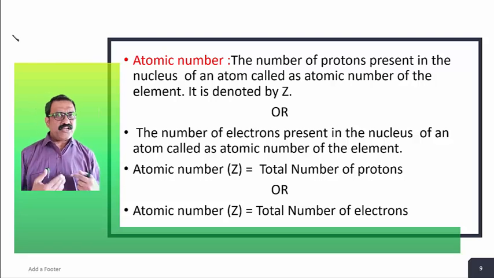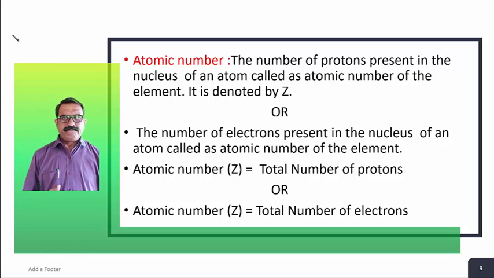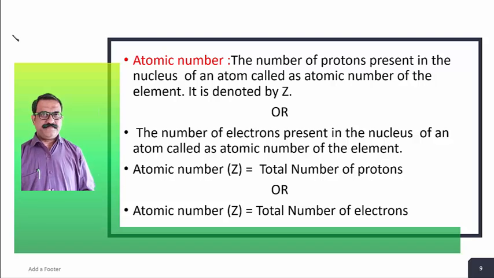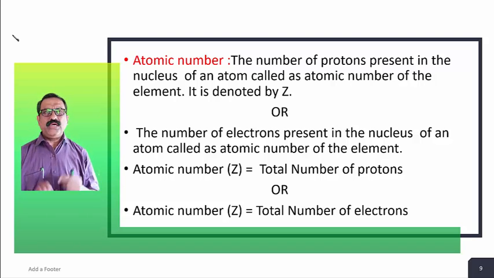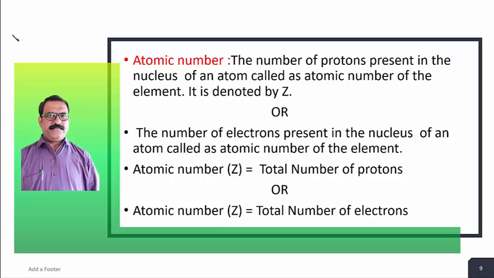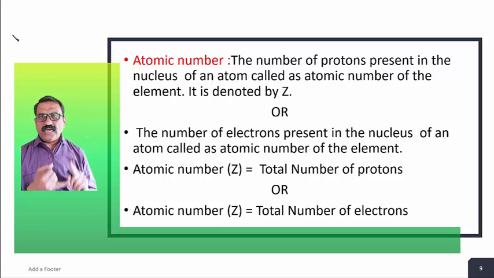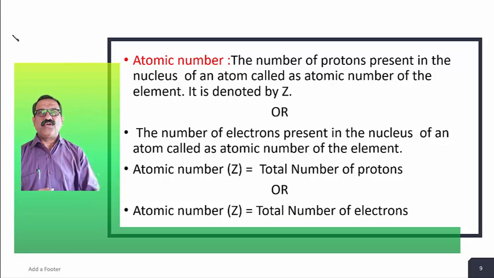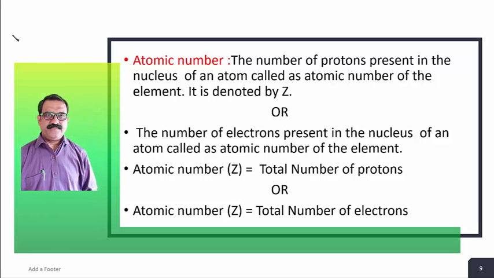nucleus. This atomic number can also be defined as follows. We observe that every atom consists of the same number of protons as well as the same number of electrons. For example, hydrogen contains one proton inside the nucleus and only one electron revolving around the nucleus.